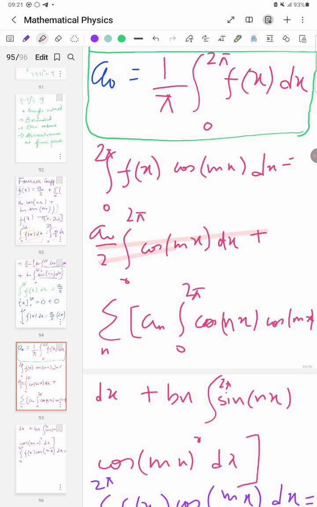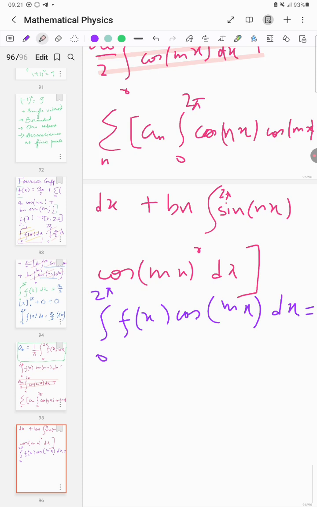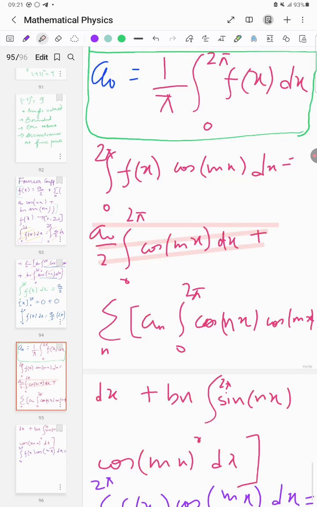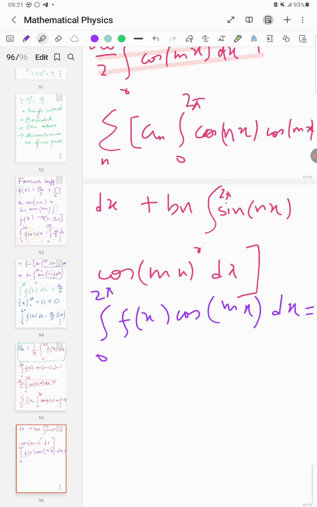So this basically contains a naught by 2 integration 0 to 2 pi cos mx dx, and we know that integration over a complete cycle of cos theta gives us 0, because the plus area and the minus area of the cos curve cancel out over an entire cycle.